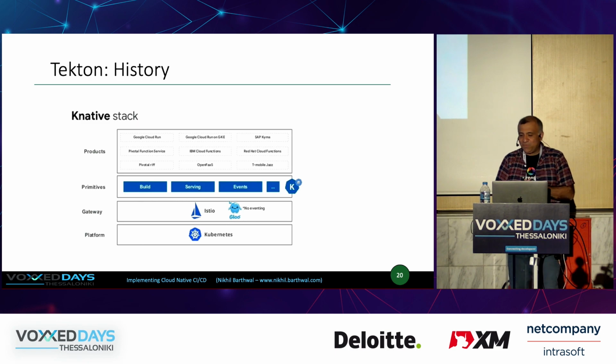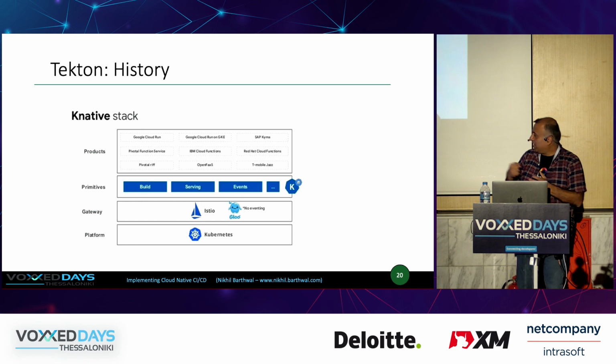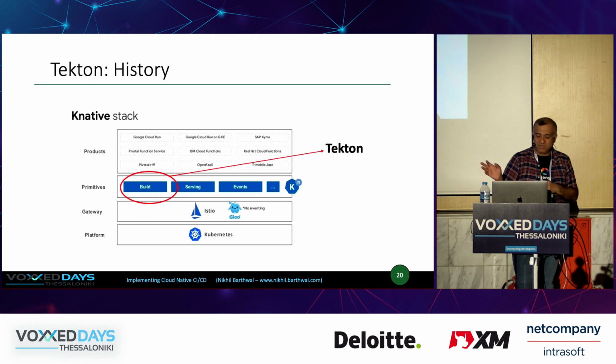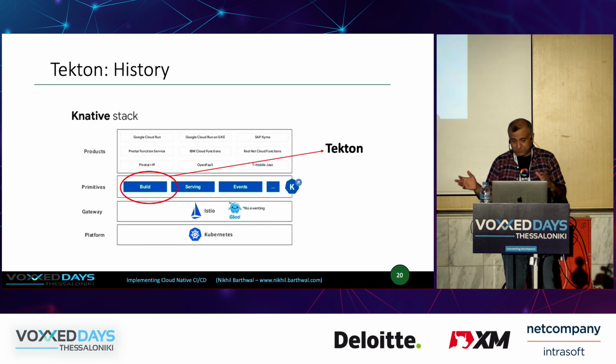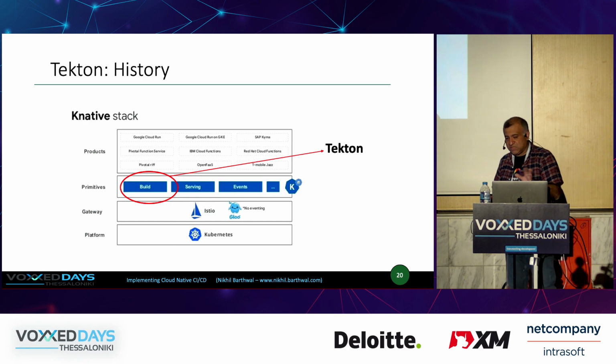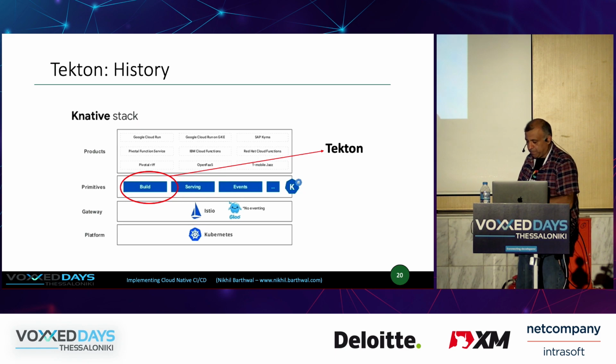And when build became very popular, it was decided that rather than tying it down to Knative, we're going to take it out into its own project. I think it was version 0.8. Now Knative is 1.1, I don't remember which version they have now. After version 0.8, build was taken out and spun out into a separate project called Tekton.